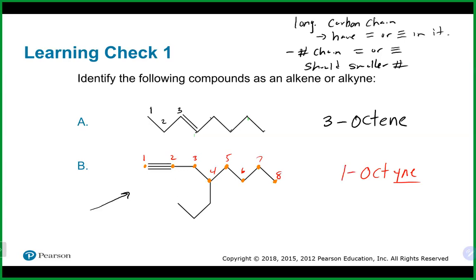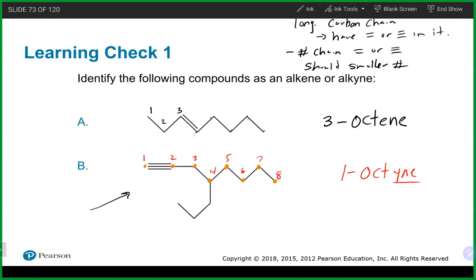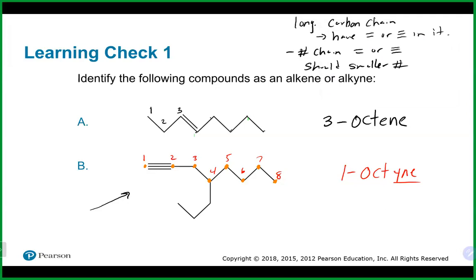We also do have a group attached here, right? And that's the thing hanging down there on the bottom. And that group on the bottom has 1 carbon, 2 carbons, and 3 carbons, which is a propyl group, right? And that is at carbon number 4.